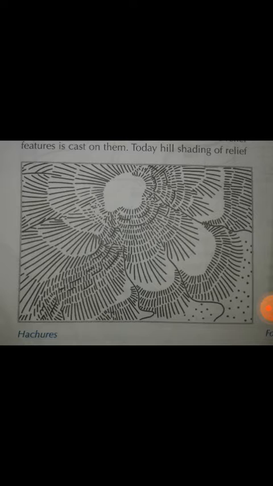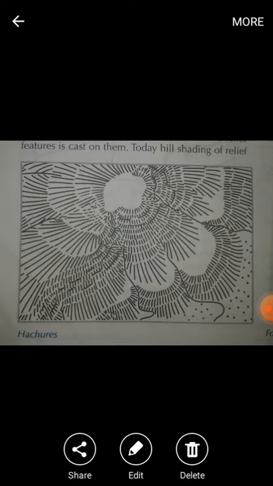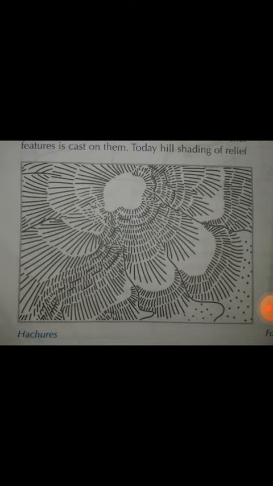The representation of relief by hachures can be made only in areas where precise surveying has been carried out. Hachures indicate the direction of the slope.